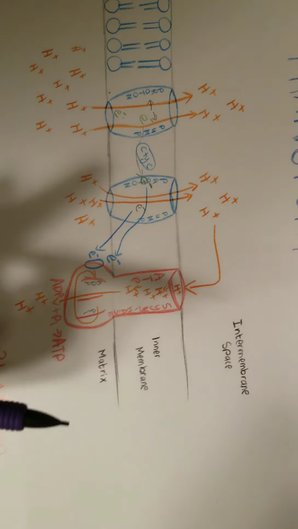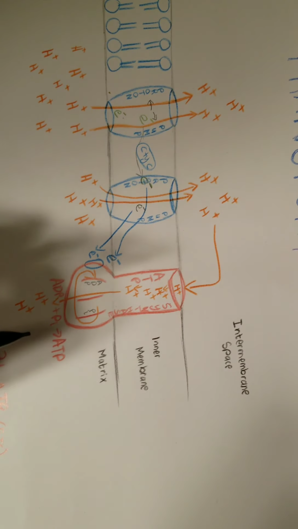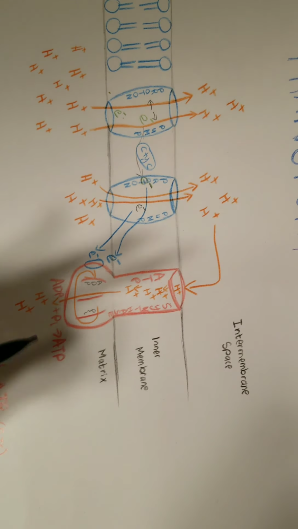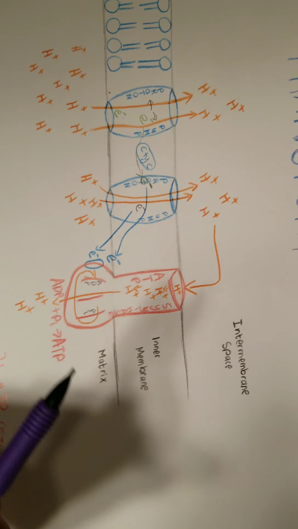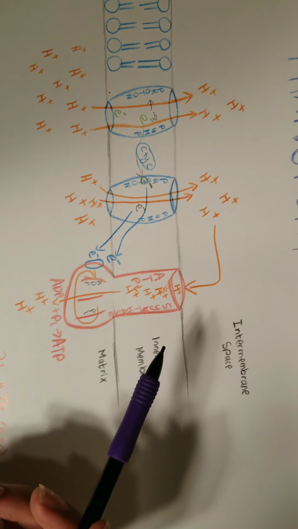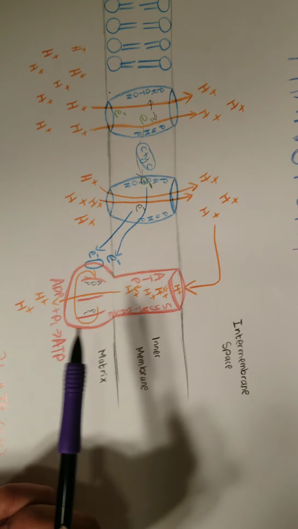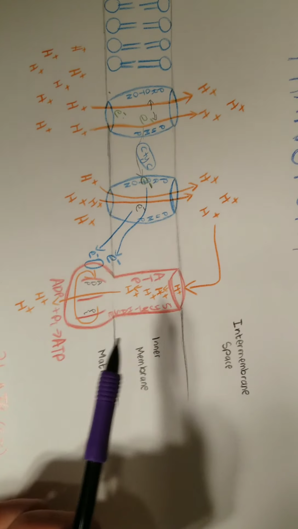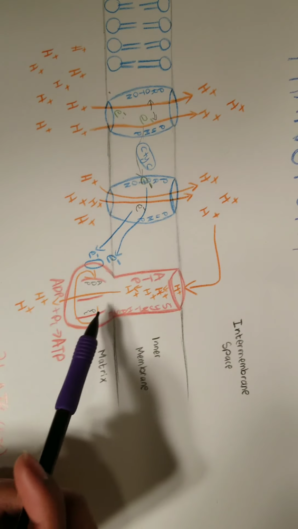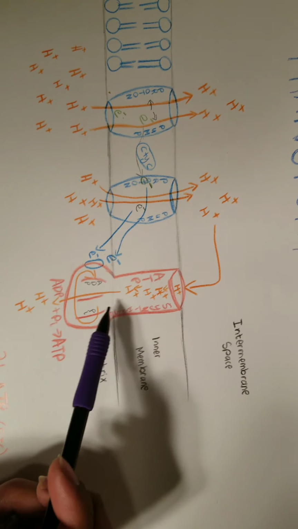Think of it as a proton mill, right? On a windmill there are blades, and as soon as the wind hits, the blade spins. So as these hydrogen ions, or protons, hit the blades right here, the protons hit the blades.